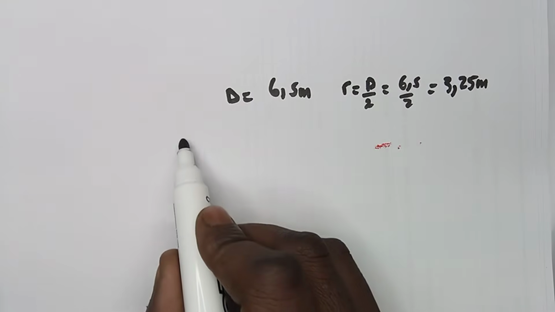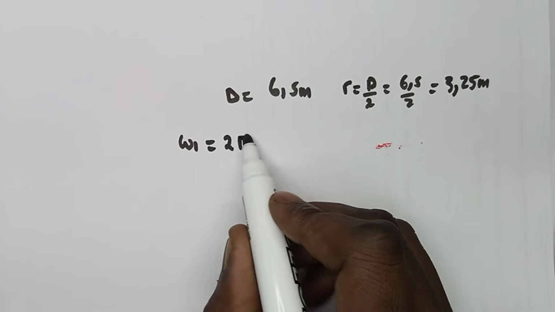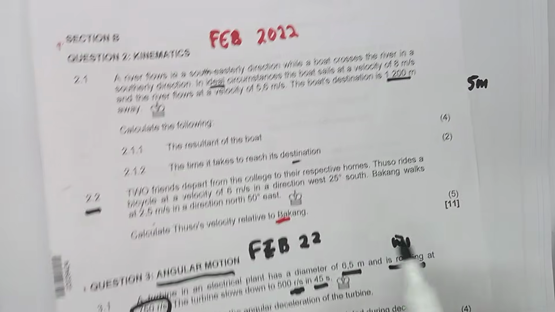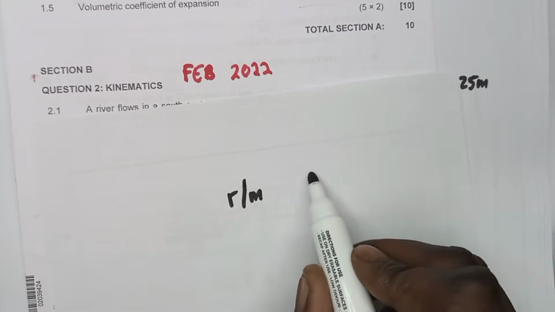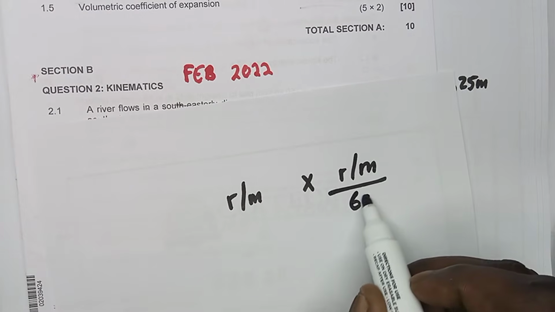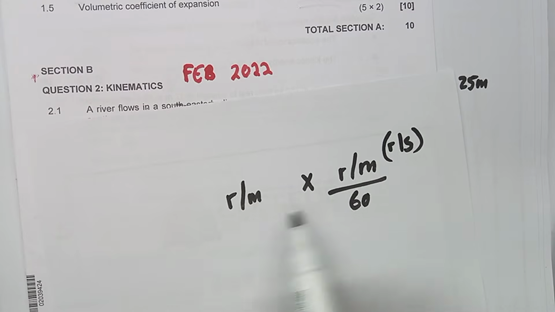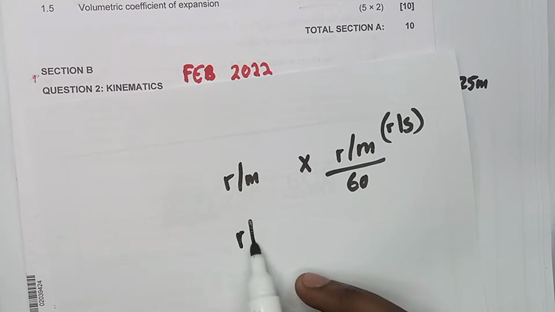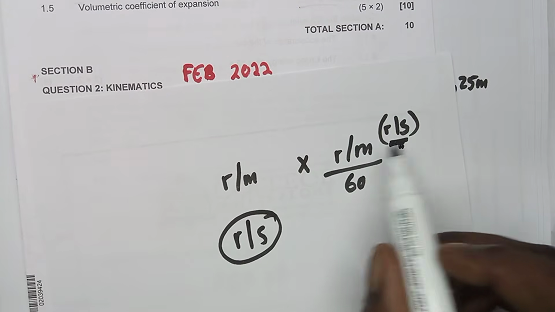And we know that omega 1, which is the angular velocity, is equivalent to 2 pi times, if it was revs per minute like this, you are going to multiply by the revs per minute that you are given over 60, so that it will be in revs per second. But in this case, it's already in revs per second. So you're just going to multiply by the revs per second as they are.